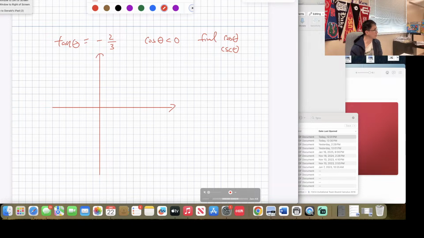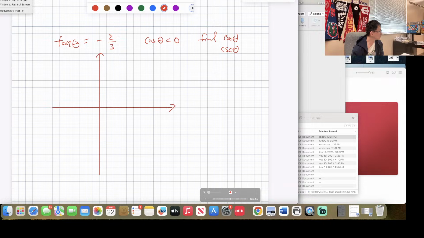All right, so first of all, we're looking at the quadrants, right? Now, which quadrant is tangent equal to negative? And which region is tangent positive? Liliana, what do you think? Which quadrant is going to be tangent negative?